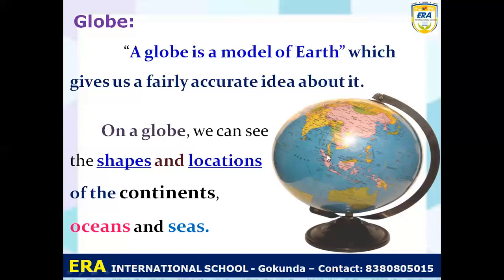We can also see the continents, the Australia continent, the Asia continent, and the oceans and seas also. So the globe is very useful to see the shapes and locations of the continents as well as oceans and seas.